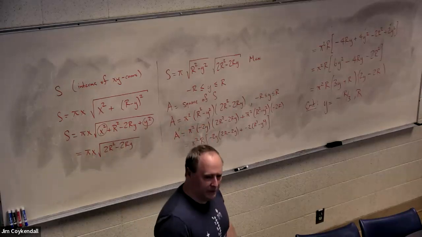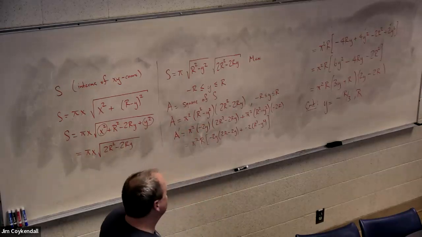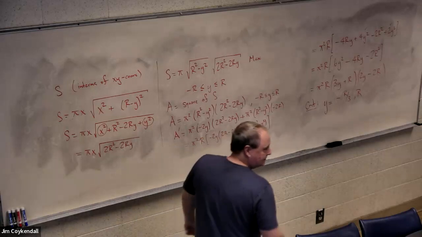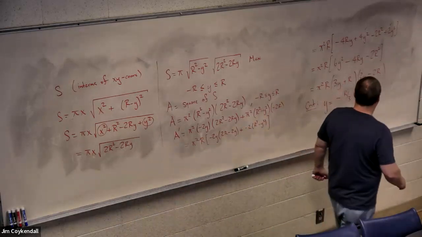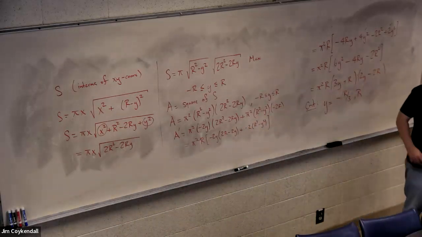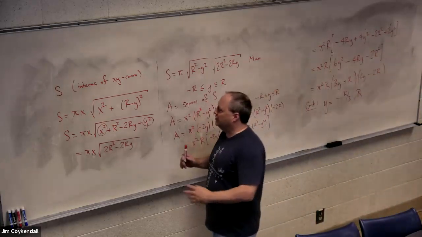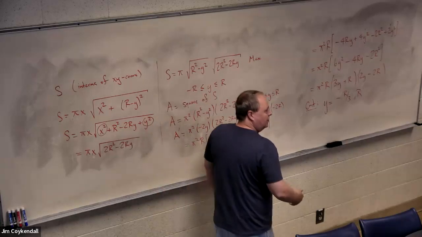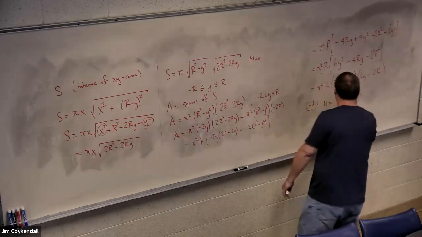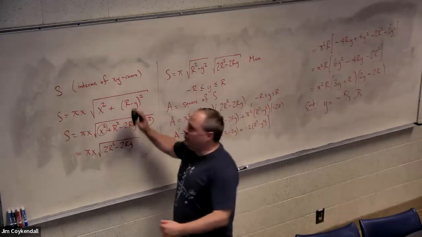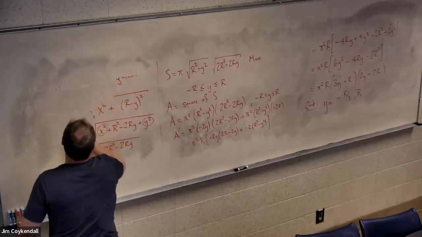We have 2 critical numbers. Let's see what I got there. Now, I'm happy about this because this is a continuous function on a closed interval. So all I've got to do is plug in the critical points, plug in the endpoints, and have the contest. See who's the biggest, smallest.